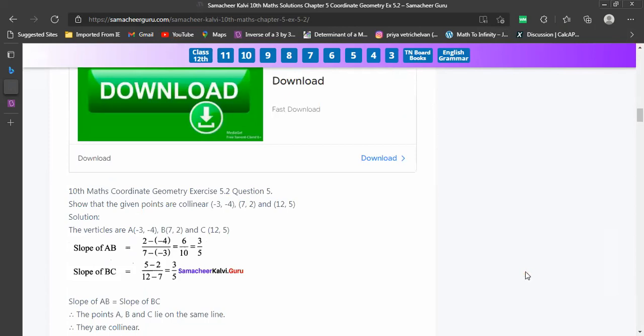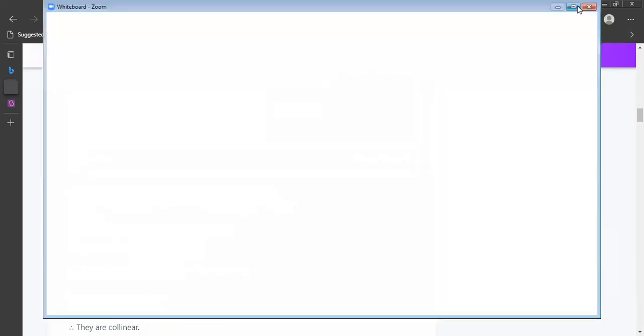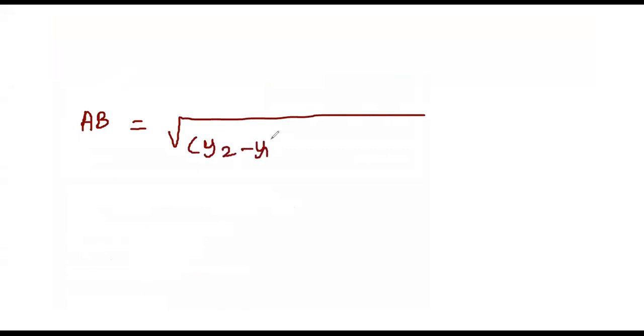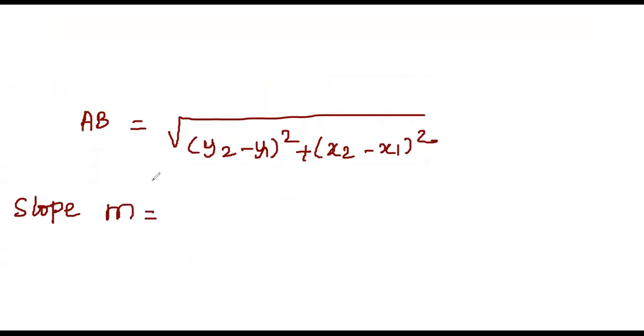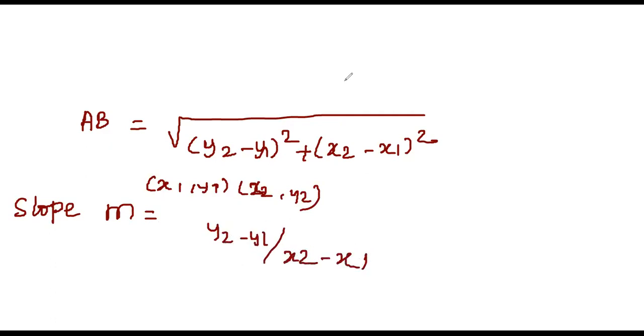We'll just quickly summarize this exercise. We learned about the distance formula. For example, for calculating the length of the line joining A and B, you use y2 minus y1 the whole square plus x2 minus x1 the whole square, all under the square root. For calculating the value of slope, when they give you 2 points like x1, y1 and x2, y2, you have to use the y2 minus y1 upon x2 minus x1 formula.